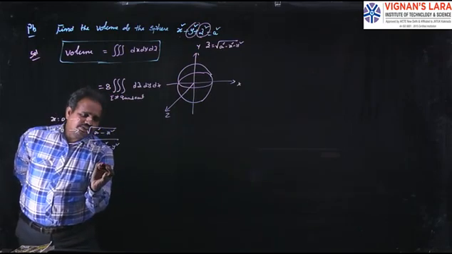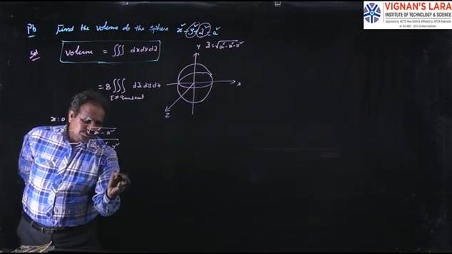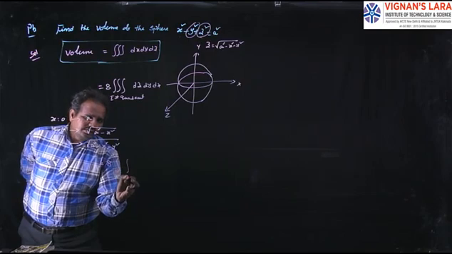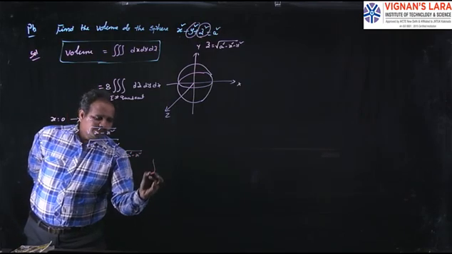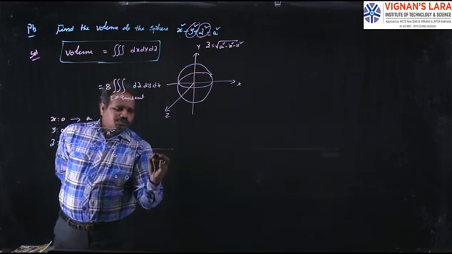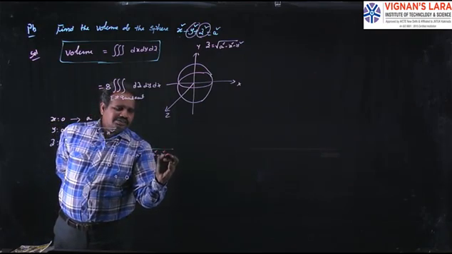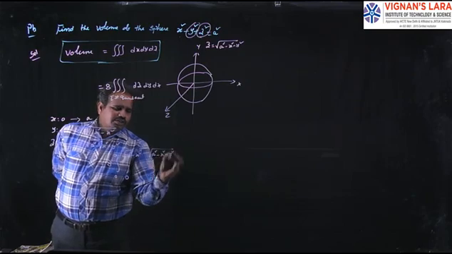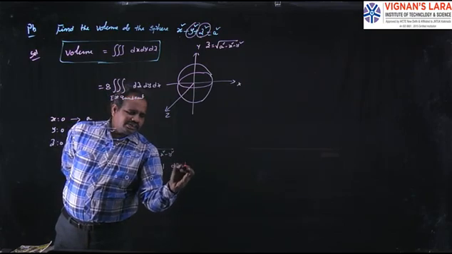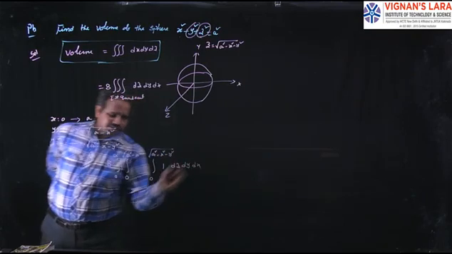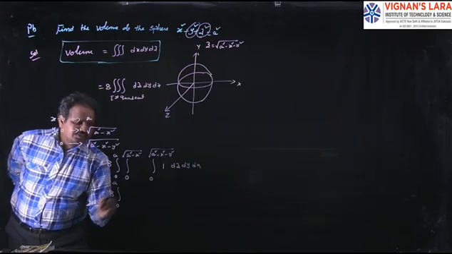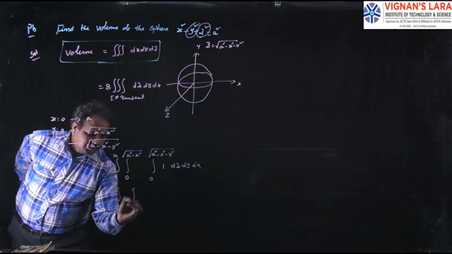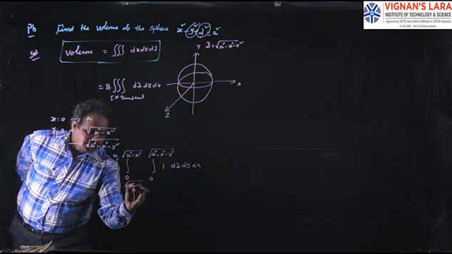So which is equal to 8 into 0 to a, 0 to under root of a square minus x square, 0 to under root of a square minus x square minus y square, 1. These are the z limits, next y limits, next x limits, which is equal to 8 into integral 0 to a, 0 to under root of a square minus x square.